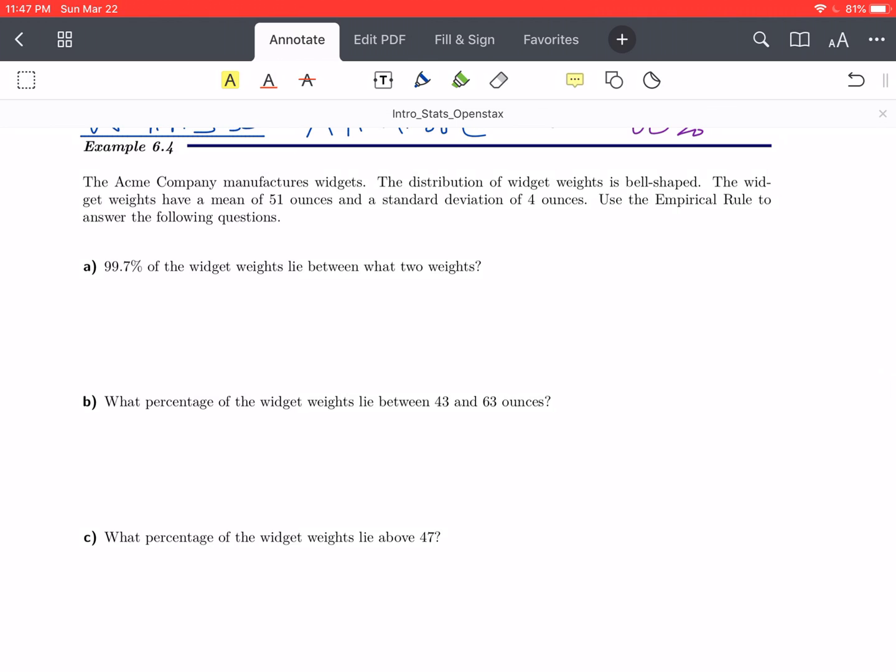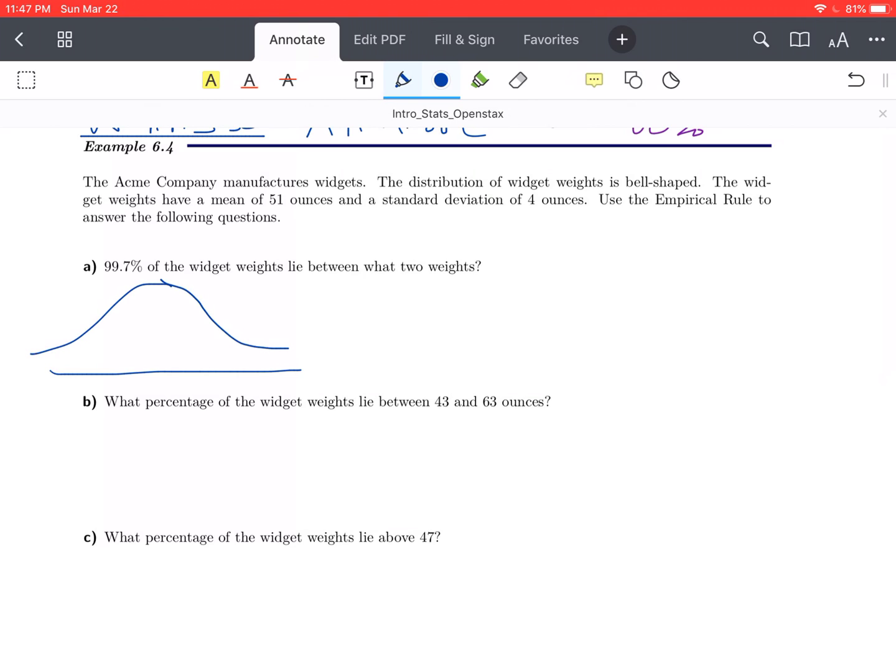All right. So in order for us to determine 99.7%, if we have a normal curve over here, here's our mean, and then we go out 1, 2, 3, and 1, 2, 3. 99.7% of the data, according to the empirical rule, is going to lie within 3 standard deviations.